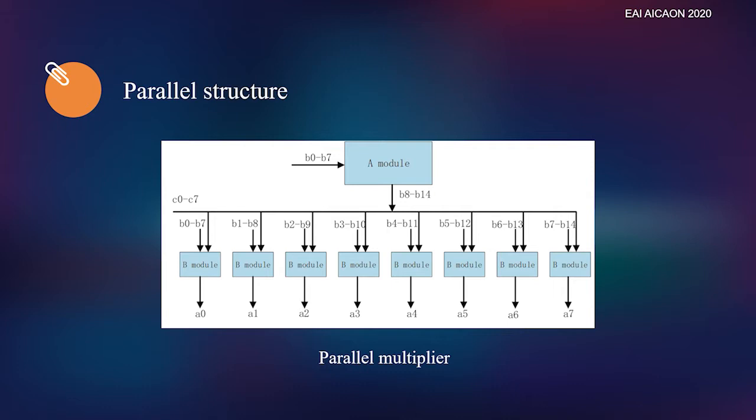Okay, this is my parallel architecture. In this structure, the parallel multiplier represented by Berlekamp is described in the figure. The function of method A is to calculate B0 to B7 according to the calculation method described in formula 8, and the function of method B is to calculate 1 bit of the product according to formula 6.